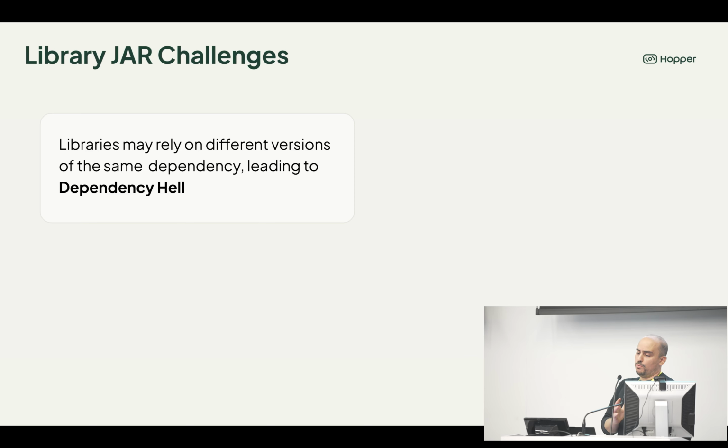Now let's talk about the challenges in the library. We talked about the executable, but now we also have libraries that have their own challenges. What we are talking about is dependency conflict, because libraries, when we publish them to, for example, Maven Central or an internal Artifactory, come with a POM that specifies the dependencies required by this library.